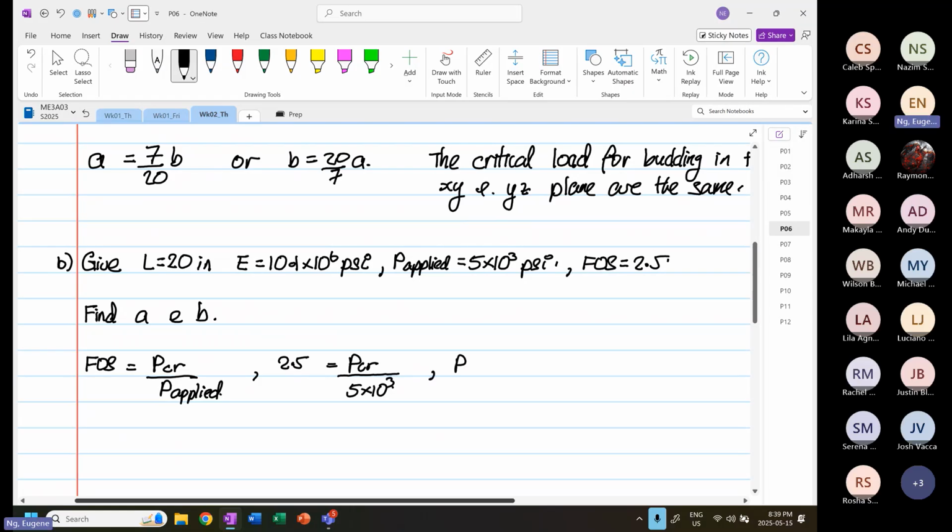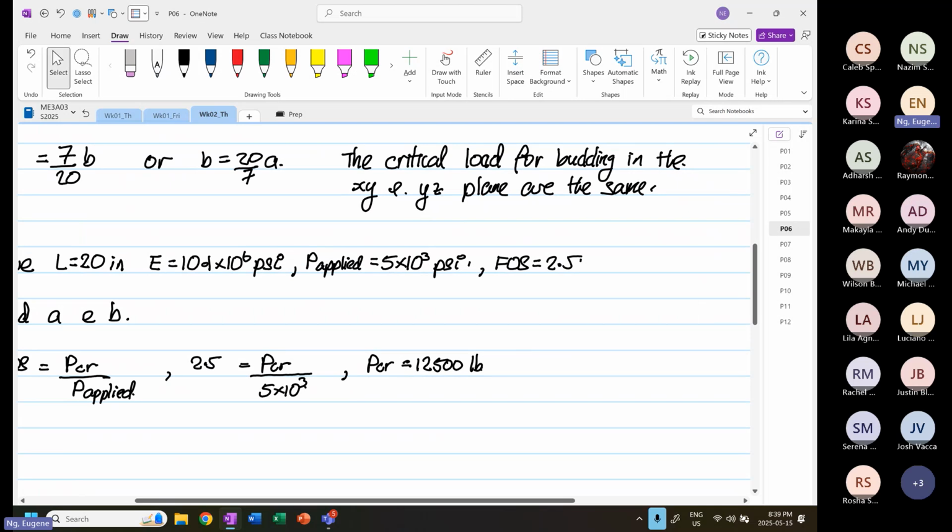So our P critical is 2.5 times 5,000, which is 12,500 pounds. This value will be equal to our PCR in the XY plane, and also our PCR in the YZ plane.